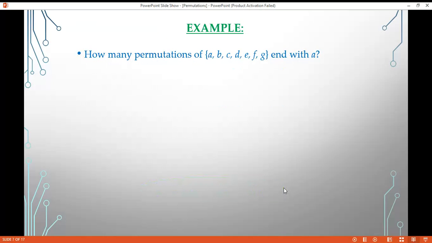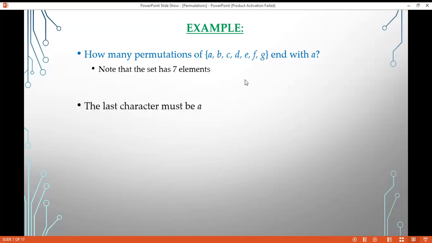Now, next example: how many permutations are there of A, B, C, D, E, F, G ending with A? That means we have to arrange these, and the ending point will be A. This is the condition given. Total elements here we have 7: 1, 2, 3, 4, 5, 6, 7.